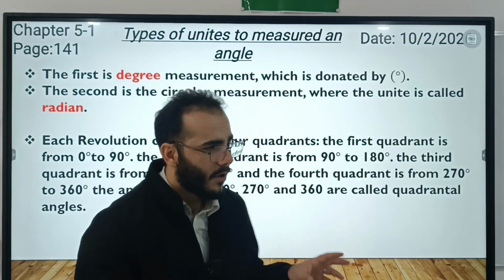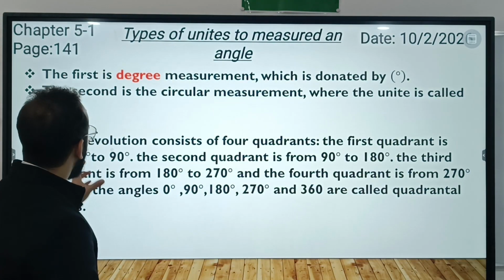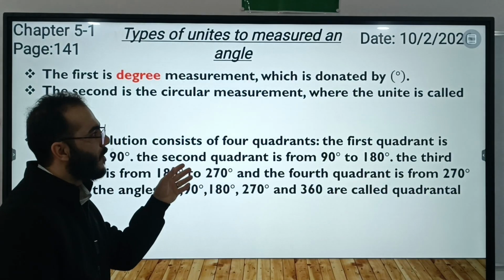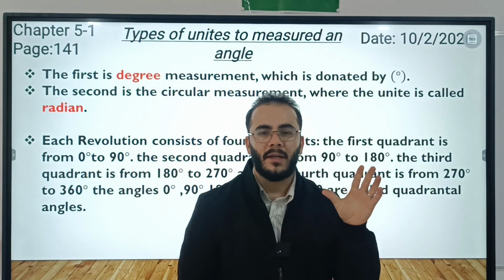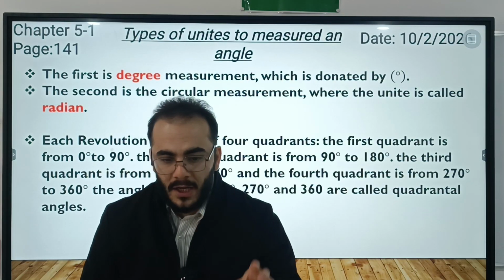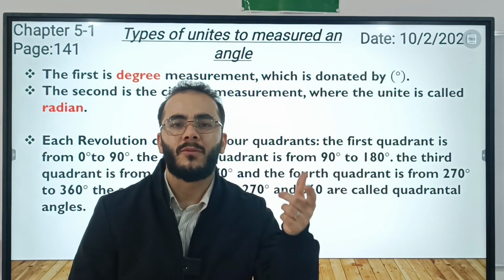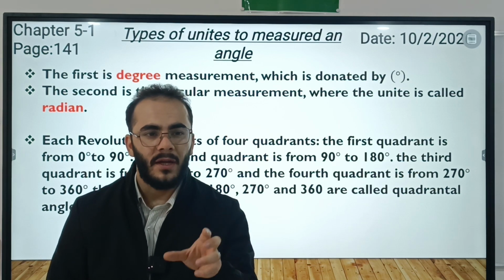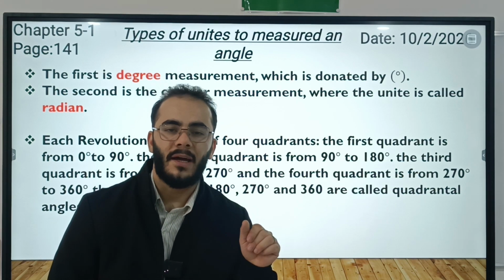But here, we are going to add one more unit, called radian. The second is the circular measurement, where the unit is called radian. Whenever the unit of radian comes, immediately pi should come to your mind. Because in the units of radian, we have got pi at the end.